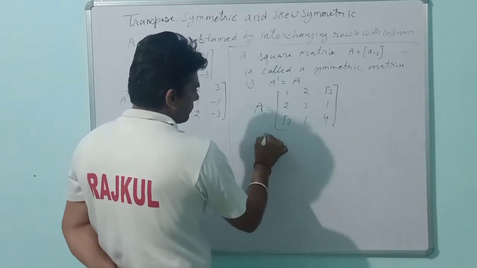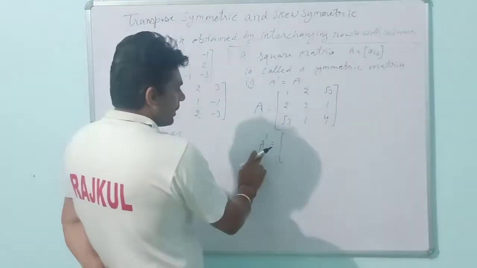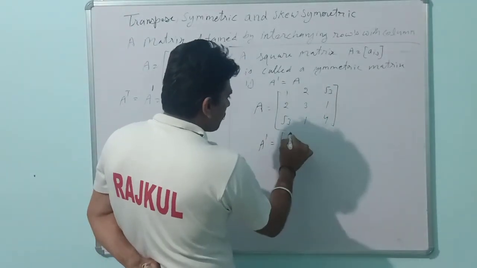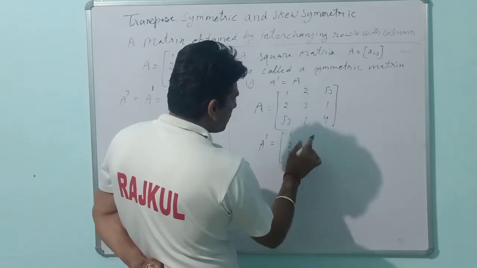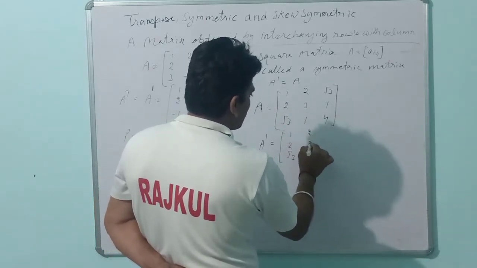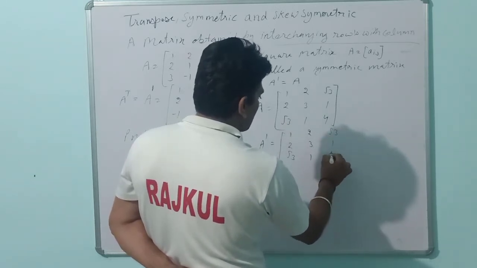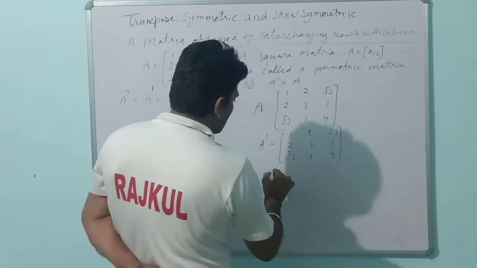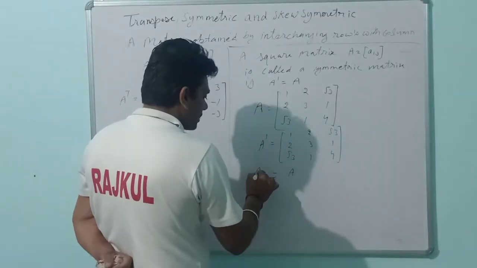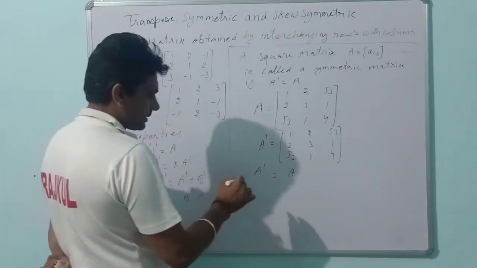A transpose means this row becomes column: 1 2 root 3. Again this row becomes column: 2 3 1. Again this: root 3 1 4. And what is this? This is A. So A transpose is A. Then A is a symmetric matrix.